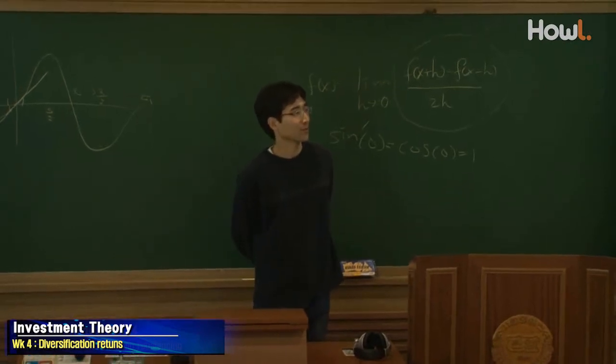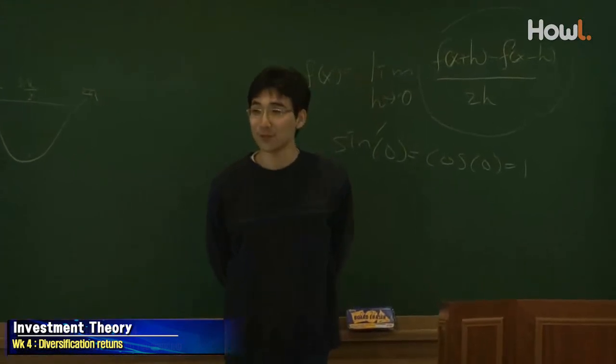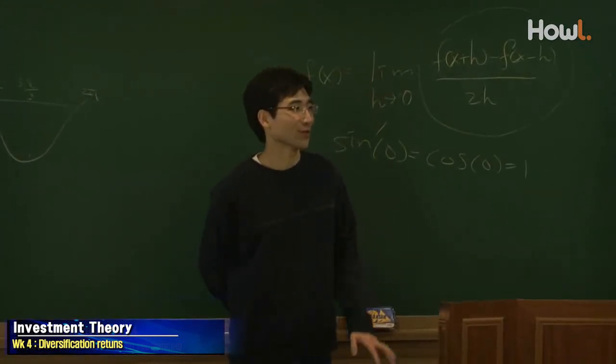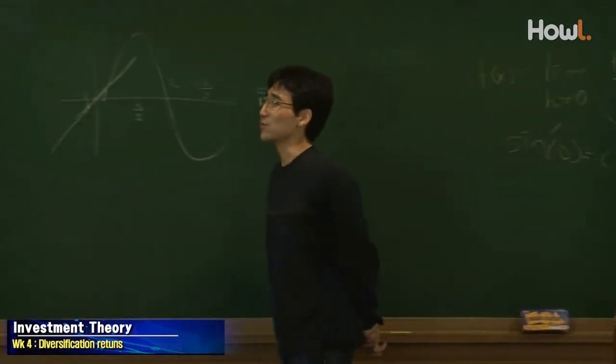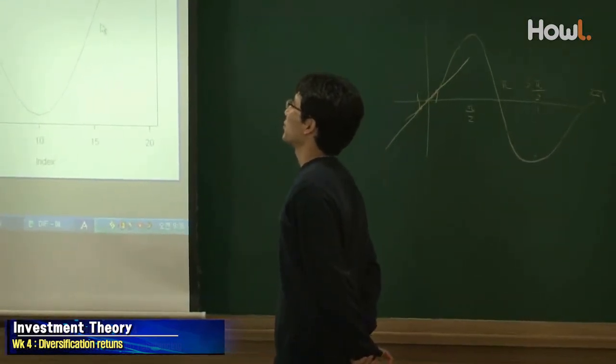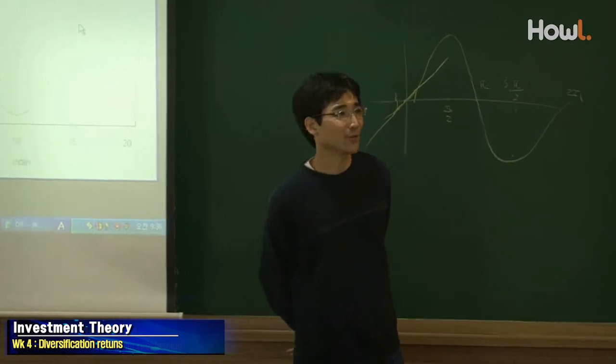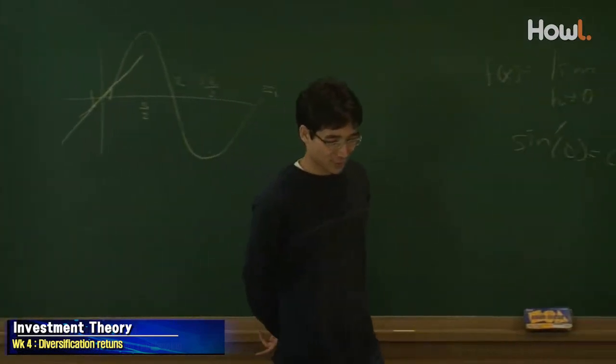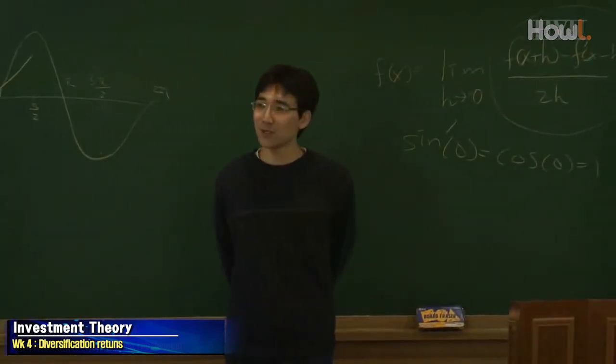You remember the cosine function, right? That you already learned in high school. So if you do the differentiation of the sine function, it's the cosine function. Any question? It's very easy, okay?